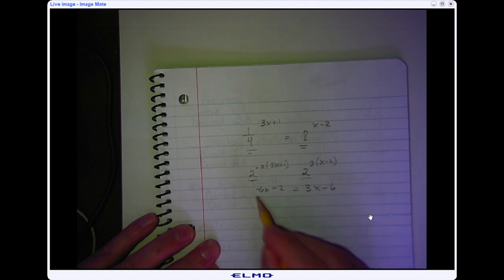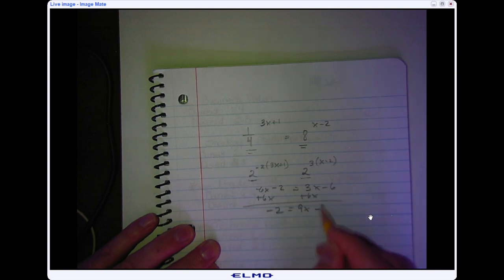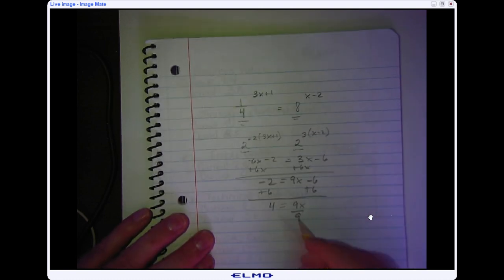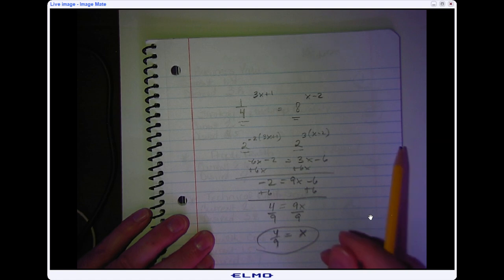So now I'm going to add 6x to both sides. So now I have negative 2 equals 9x minus 6. I'm still going to get the x by itself, so I'm going to move the 6 over. So now I have 9x equals 4. My last step is to divide by 9, and I would get x equals 4/9. So if I put 4/9 in for x into both of these, I would get the same answer.